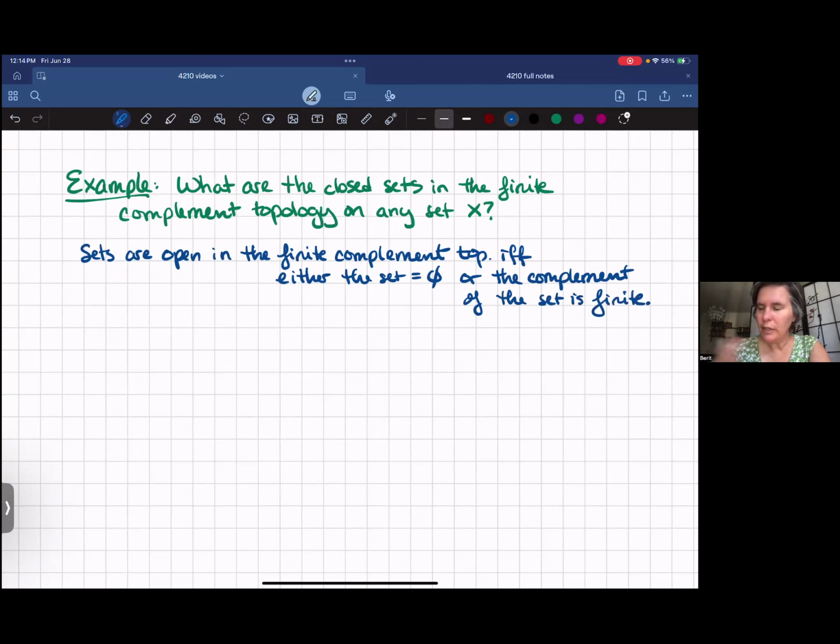Okay, so let's think about what a closed set would look like. Let's see if we can just start with a generic closed set and then kind of gradually work through what it would be saying about that set. So suppose F is closed.